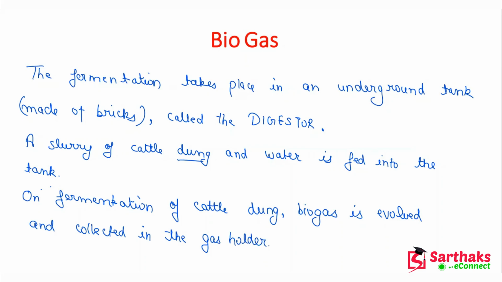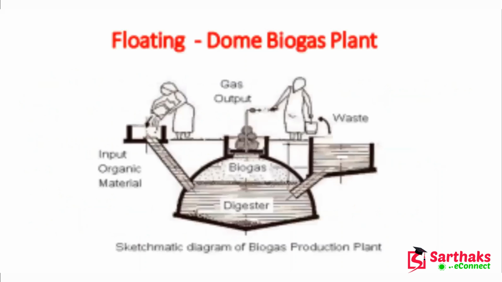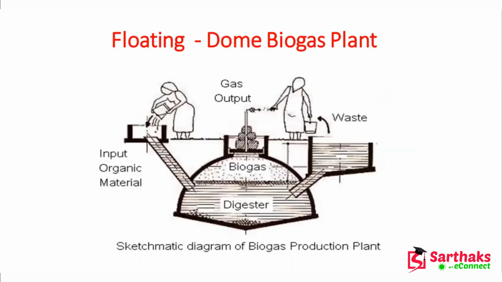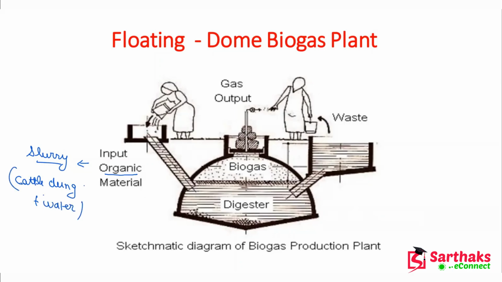Now we are going to look at how the tank looks. This is a floating dome biogas plant, and here, as you can see, the input organic material, that means the slurry, a mixture of cattle dung and water, is poured into the tank. A digester is present, and the digester ferments the slurry.